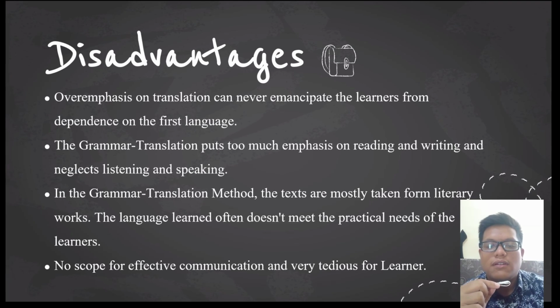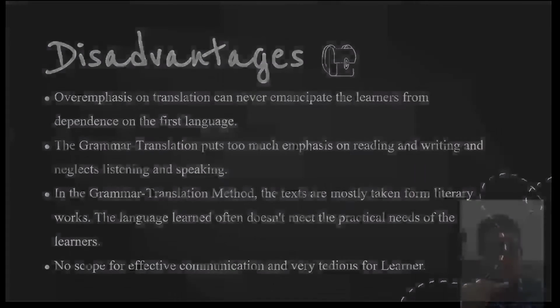Three, the texts are mostly taken from literary works. The language learned often doesn't meet the practical needs of the learners. Four, no scope for effective communication and very tedious for the learner.